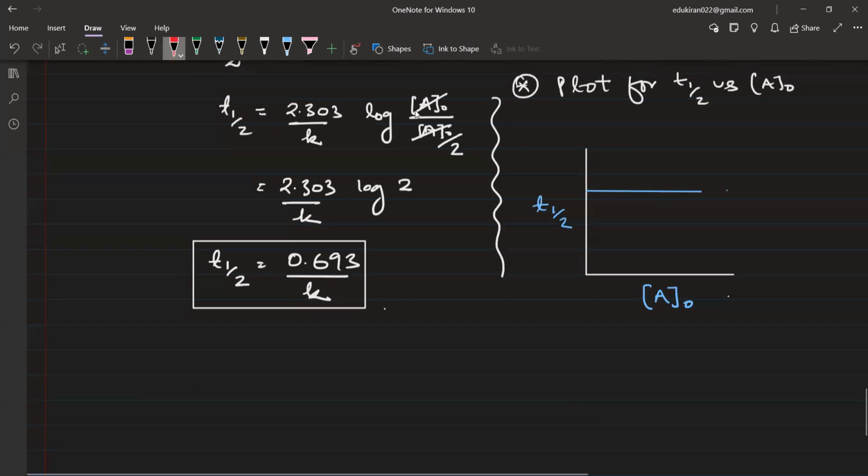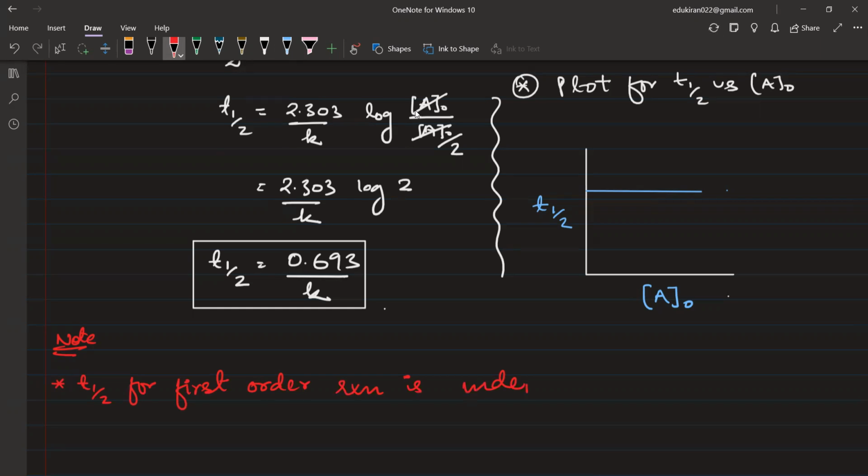Write a note: T half for first order reaction is independent of initial concentration.